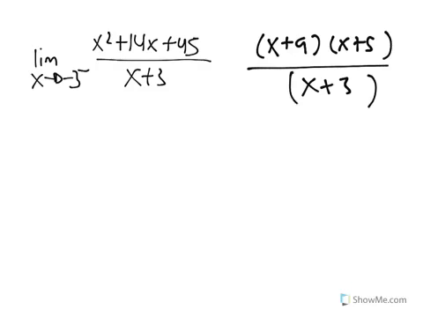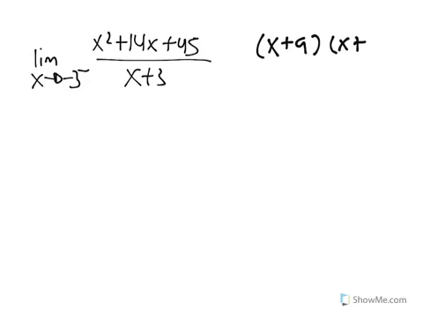How do I factor that? 9 times 5 is 45, x times x is x squared, and 9x plus 5x is 14x. That's how it factors out. But nothing really cancels in this case, because if I plug in x equals negative 3, I'm still going to get undefined at the bottom. So that method doesn't work either.